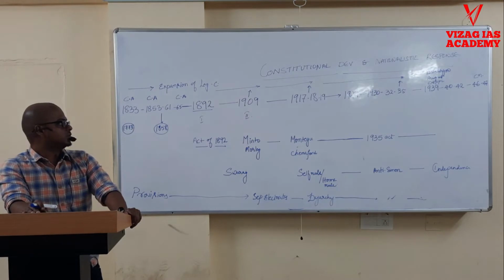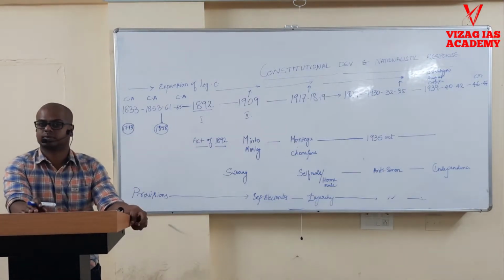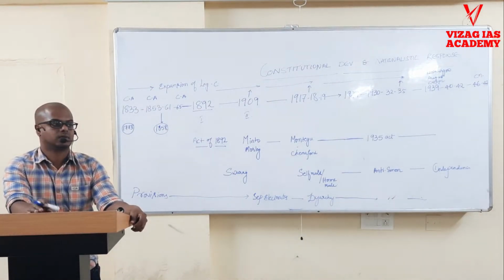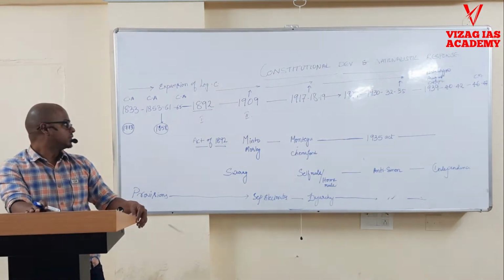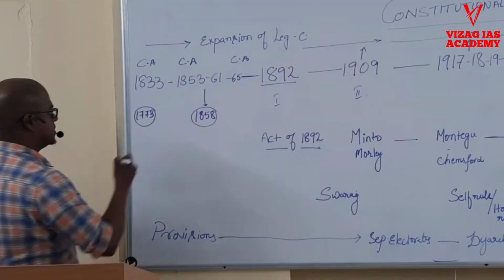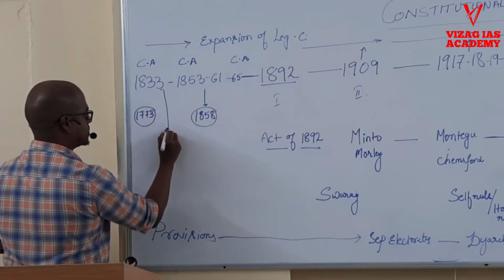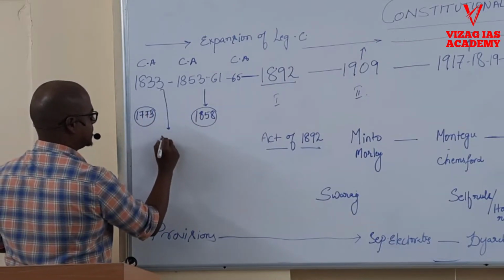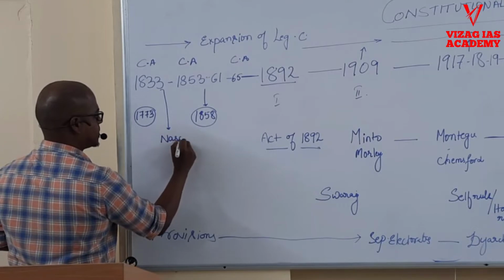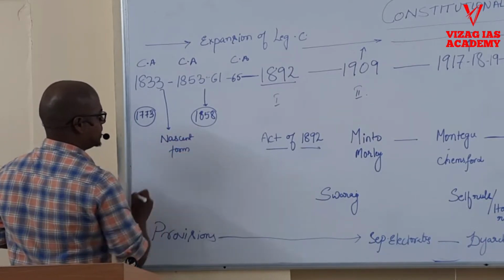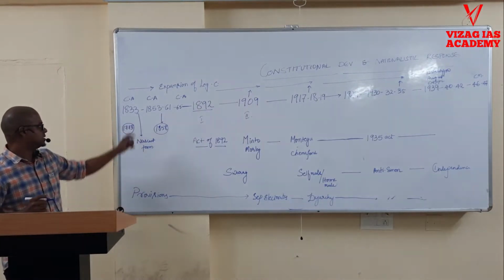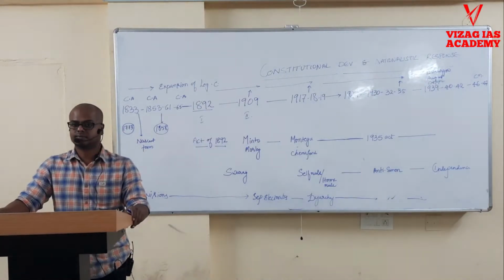So that is done through some kind of legislative setup, not exactly a constitutional means, by a legislative setup which starts here, a nascent form. The nascent form of legislature starts in the 1833 Act.